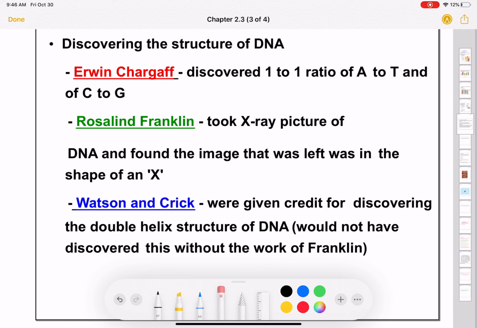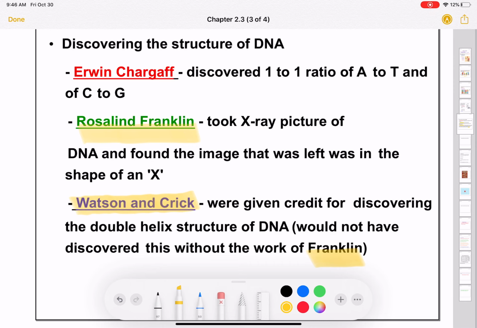But Franklin, little history here, she actually worked with them. So these guys were like the professors and she was like a student. And she found out all this stuff about the shaping of the chromosomes.